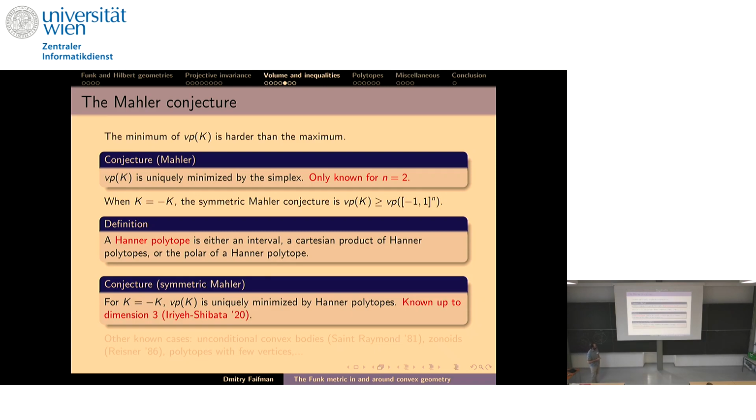This conjecture is known up to dimension 3, and that's a fairly recent development, by Iriyeh and Shibata. And there are various families of convex bodies for which one knows the conjecture. Notable examples are unconditional convex bodies, Saint-Raymond, zonoids, and polytopes with a few vertices. Yes?